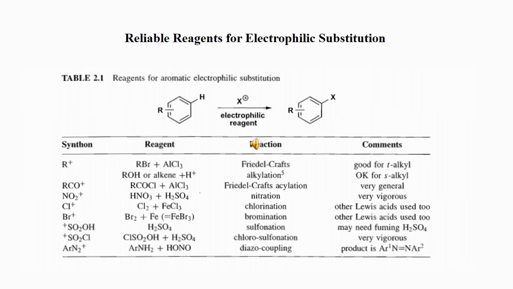So, keeping in mind the main electrophilic substitution reactions, here these are tabulated, and the synthons and the reagents for them are also tabulated. For example, Friedel-Crafts alkylation: whenever you see any R group, any disconnection of R plus group from the aromatic ring, the synthon will be R plus, and the possible reagent for that can be an alkyl halide in the presence of aluminium chloride.